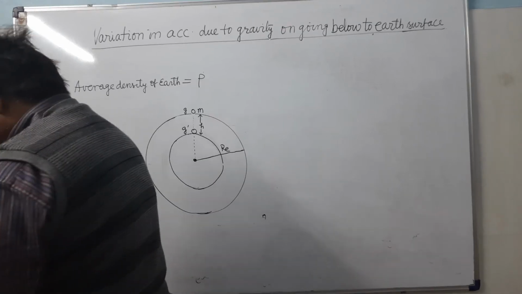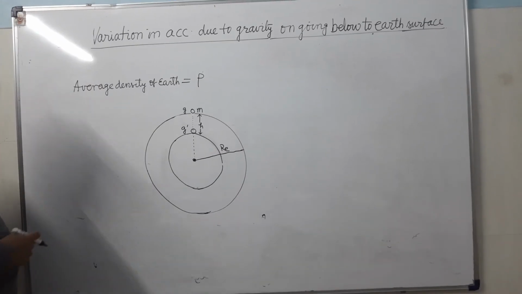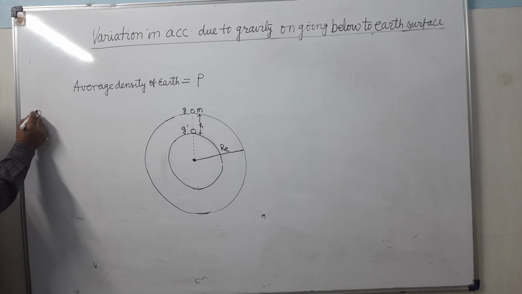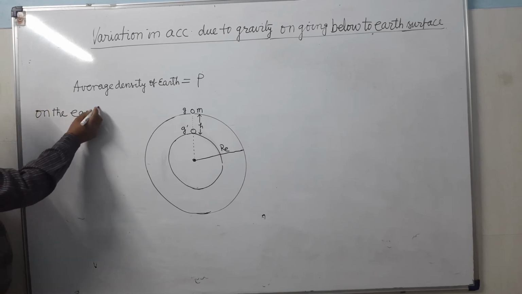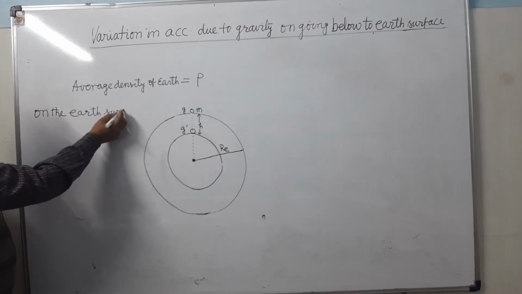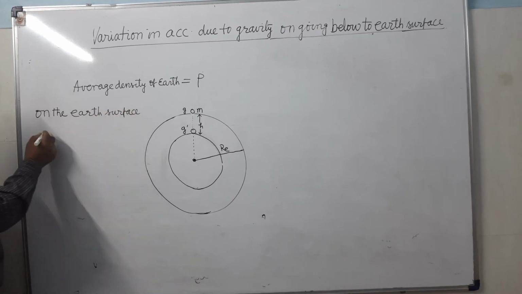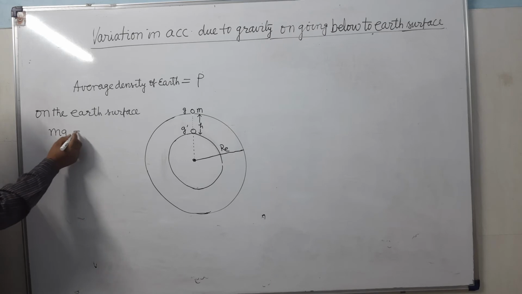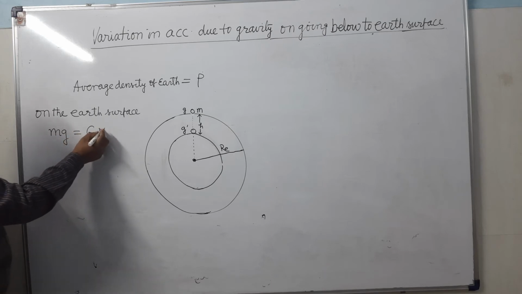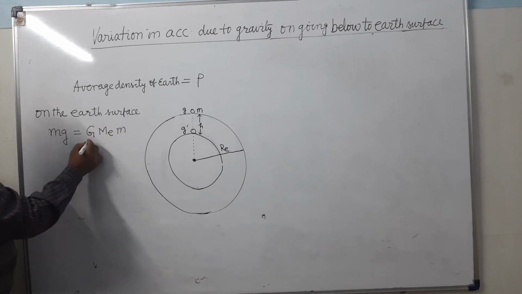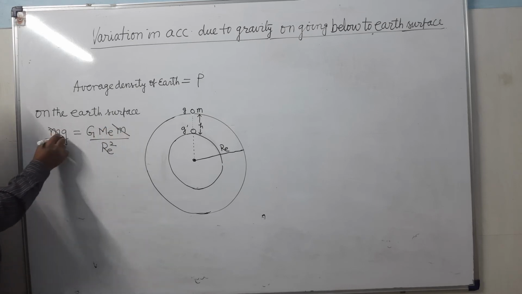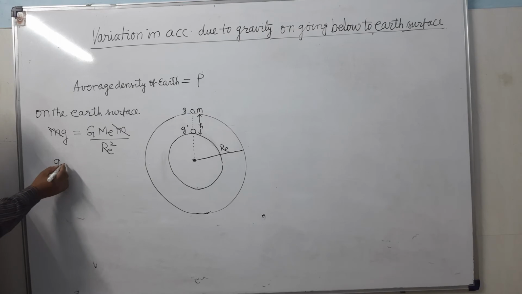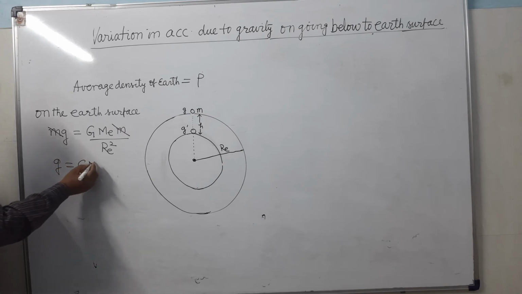So you can see here, on the earth surface, we will get the same relationship: m into g will be equal to G Me m upon Re square. So m and m will be cancelled. That is g equals G Me upon Re square.